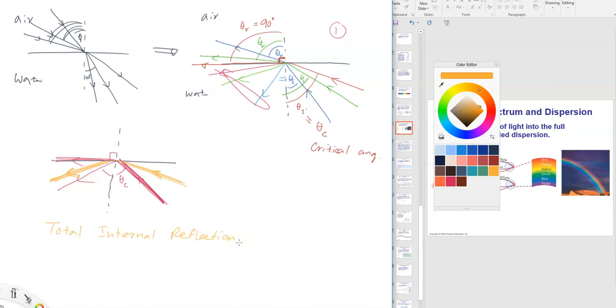Now this is a pure reflection. Nothing refracts, nothing goes to the other side, everything reflects. When the incident angle is bigger than theta C, when theta I is bigger than theta C, total internal reflection occurs. Alright, everything reflects. Okay.